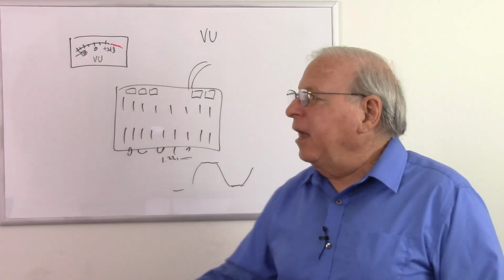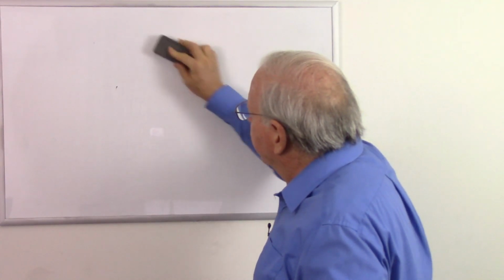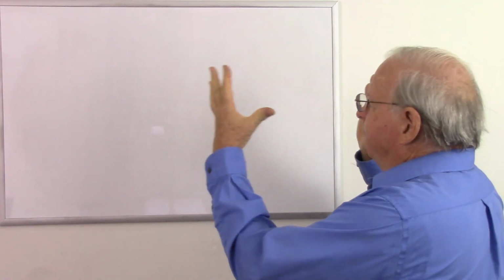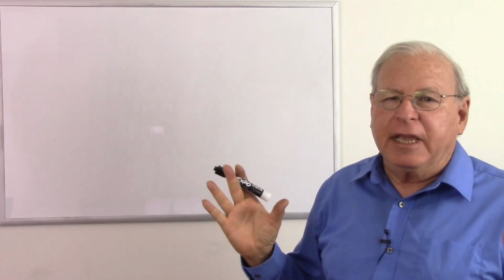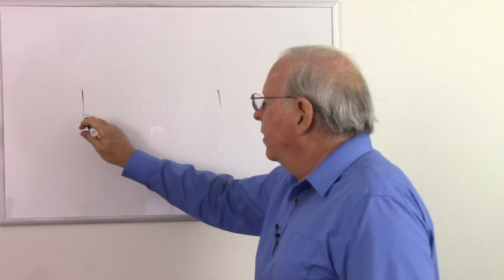Now, some other things you may need to know, just some practical application. If you're working with a small number of microphones, let's say you want to do a stereo recording. I'm going to think about a symphony orchestra, but it could be any kind of group on the stage. So here's our stage.